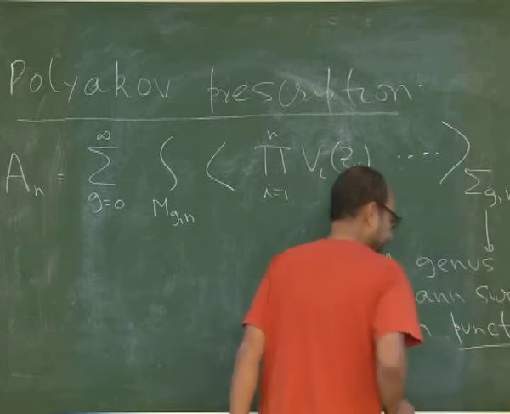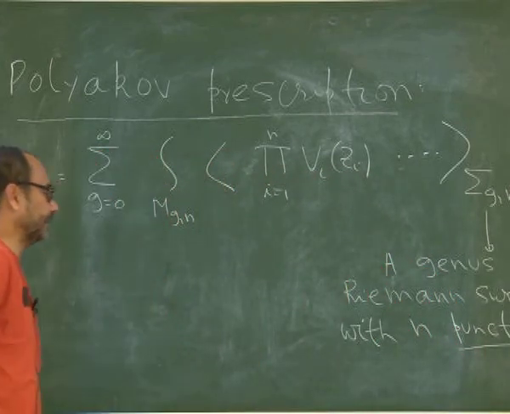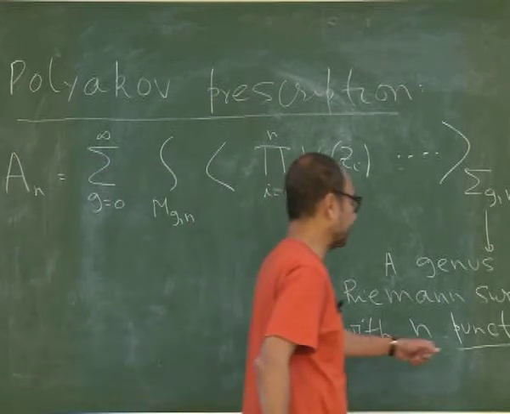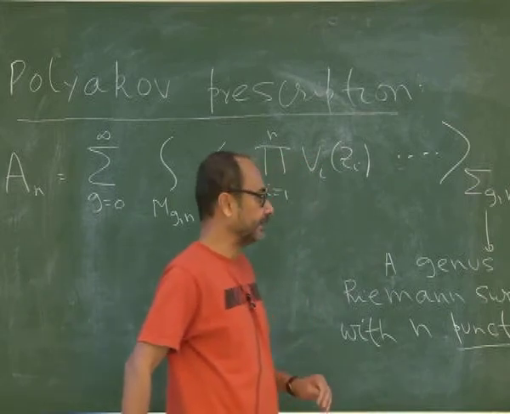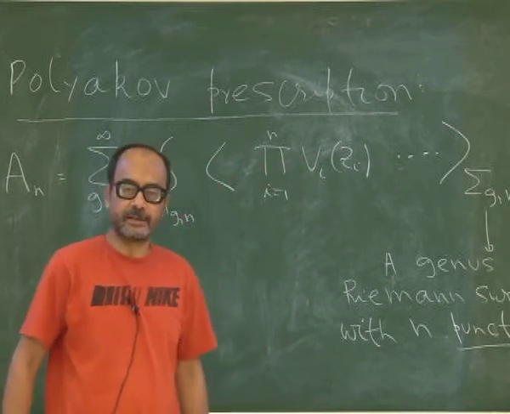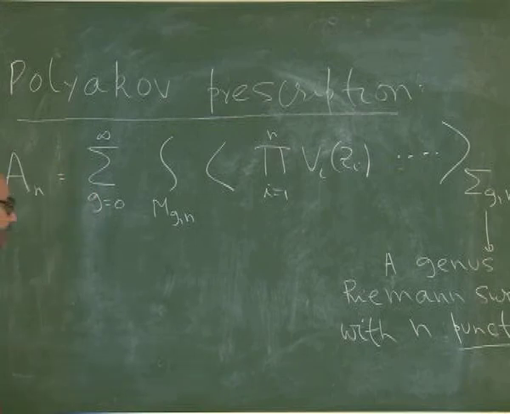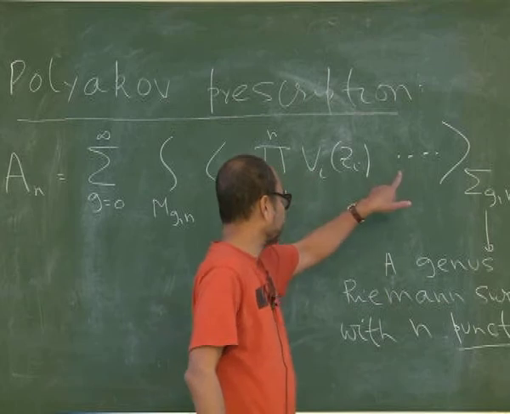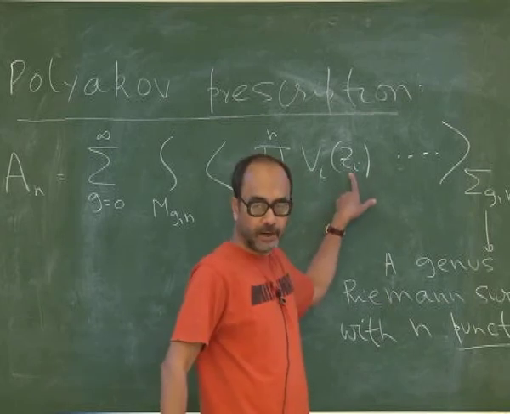Now, punctures is a technical word that people use, but essentially punctures on a Riemann surface mean that there are n marked points on the Riemann surface, and those are the points where you are going to insert the vertex operators. In this expression, the zi's are the locations of the punctures.